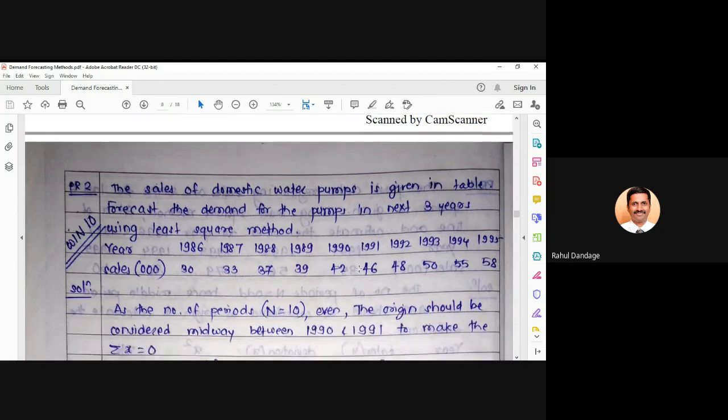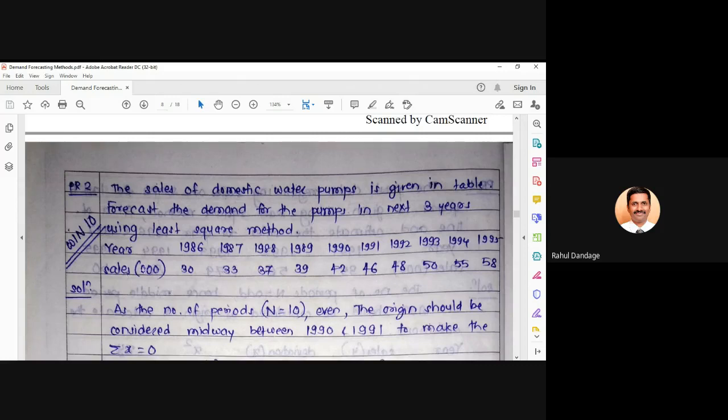Okay, so you can see the number of periods given. They are 1986, 87, 88, 89, 90, 91, 92, 93, 94, 95. So how many periods are there? Total 10 periods are given, means the number of periods is even.